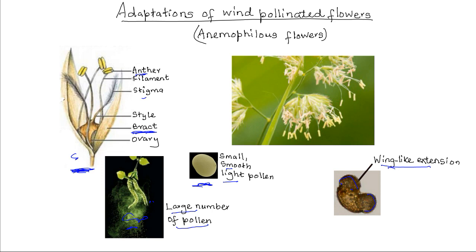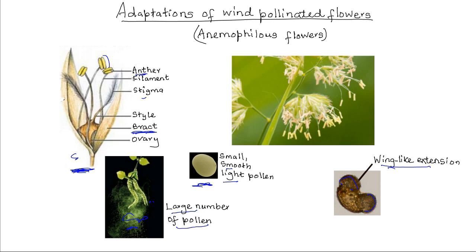Another feature of wind-pollinated flowers is that the anthers are large. They're usually large with long filaments that enable the anthers to hang outside the flower where they're exposed to the wind.